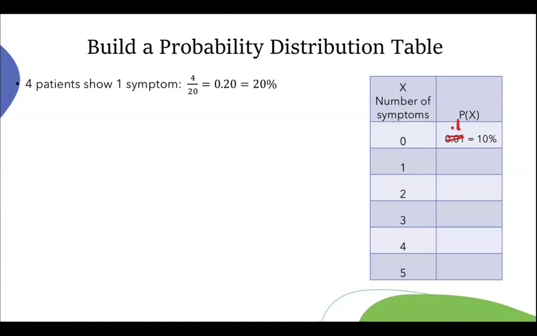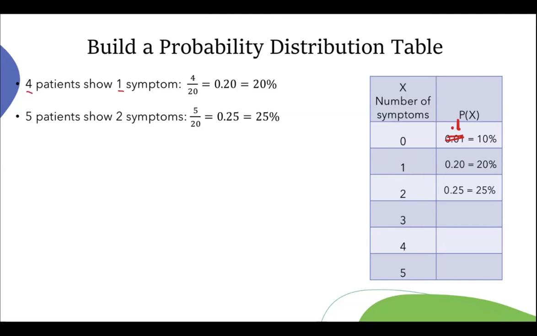That's because 2 patients showed 0 symptoms. Now, for 4 patients showing 1 symptom, we do 4 divided by 20, which is 0.2, 20%. We put that in the next row. 5 patients show 2 symptoms. 5 divided by 20 is 0.25 or 25%.